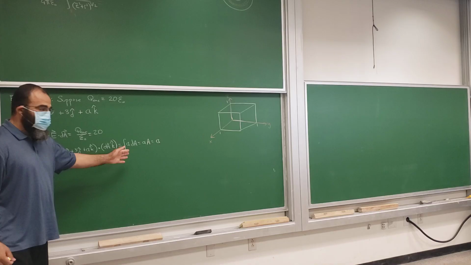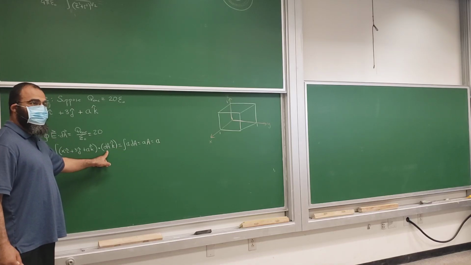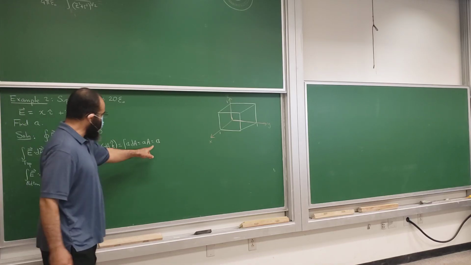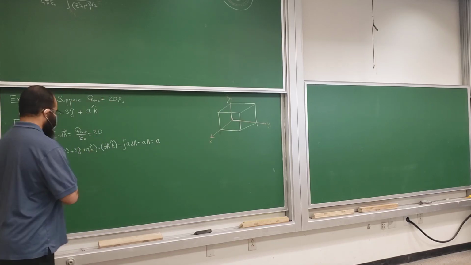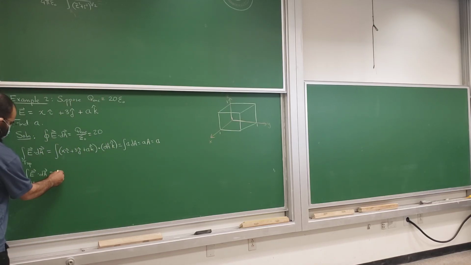So this would be exactly the same, except here you have minus k hat. So it will end up being minus a. I skipped some steps, right? And it ends up being minus a.